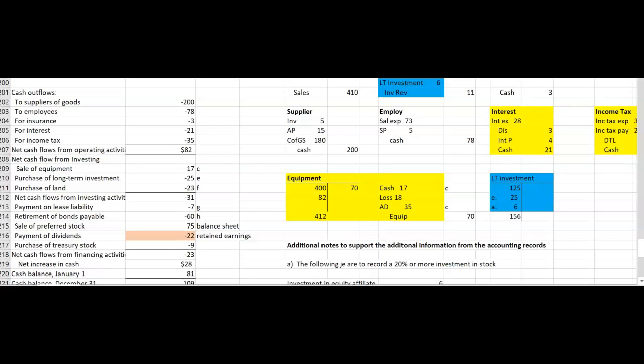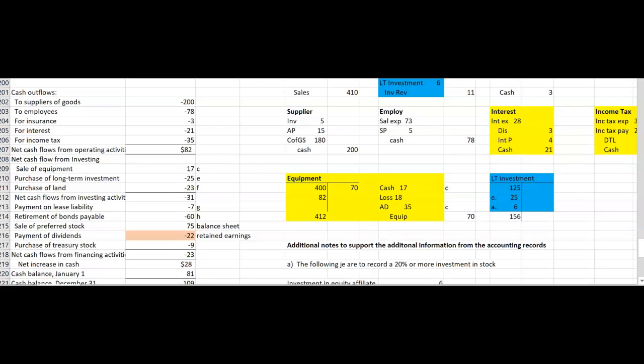Well, first I suggest you set up a T account. The beginning balance for equipment is $400. The ending balance is $412. Now, based on the information given to us in section C, the equipment should be credited for $70.